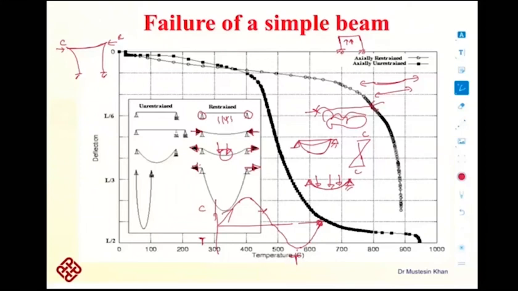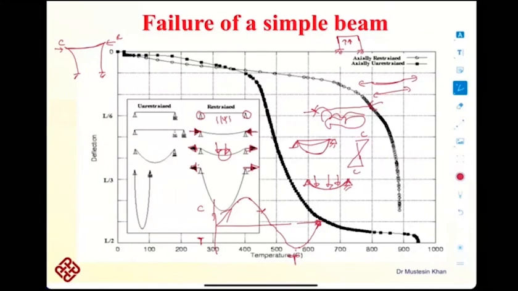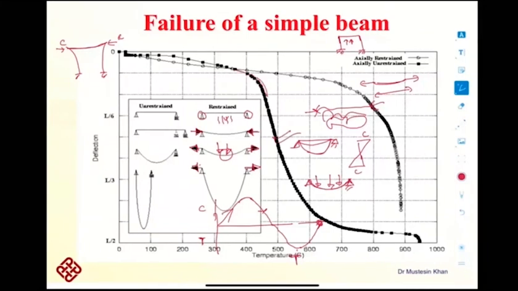And this is how the behavior of a restrained beam governs. And this graph is for a restrained beam. At this point, the compression has reduced and the deflection started increasing. But at this point here, the beam again starts to carry load under the tensile action. That is why you could see less deflection.